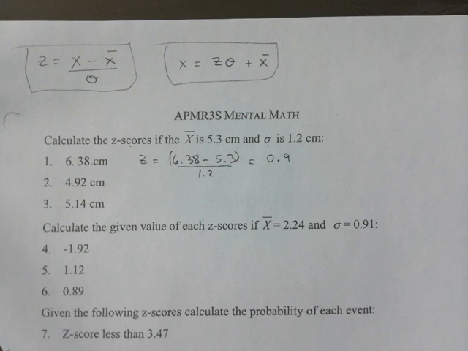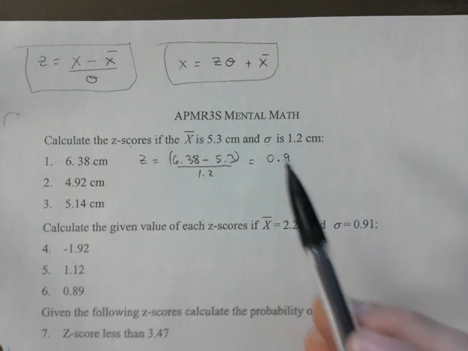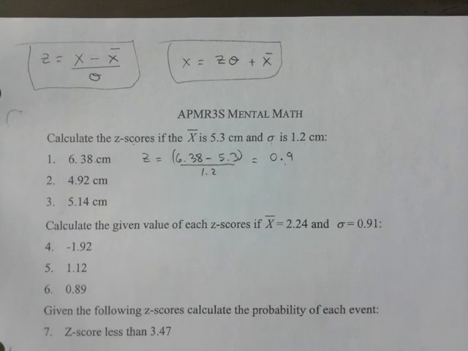Z-scores tell us how far from the average you are found, whether to the right or to the left. So this is almost 1 full standard deviation to the right of the average. So if we're talking height, well, can't really do height, but length of this particular object, you'd be on the higher end, right?